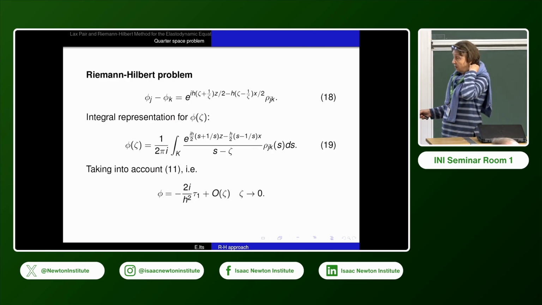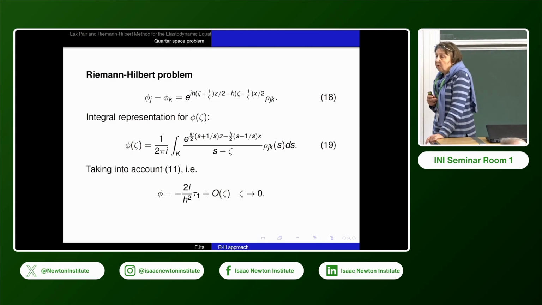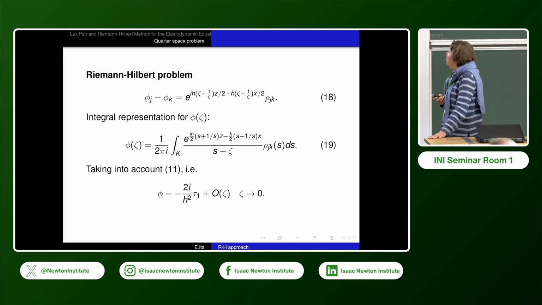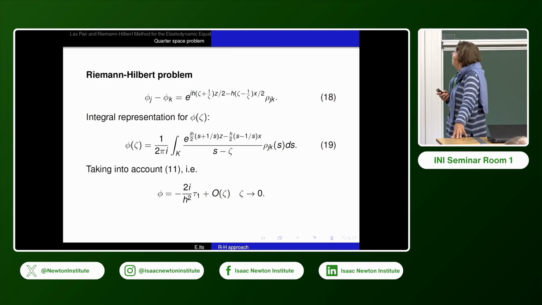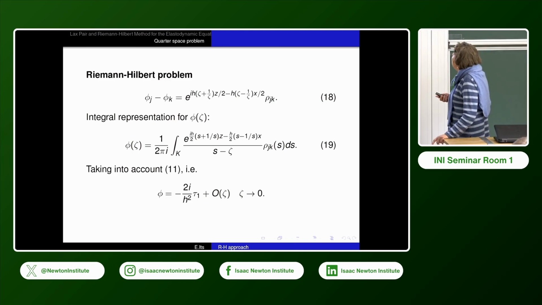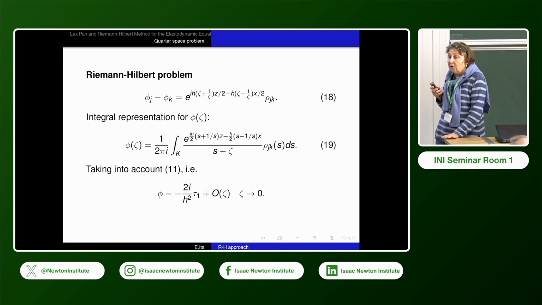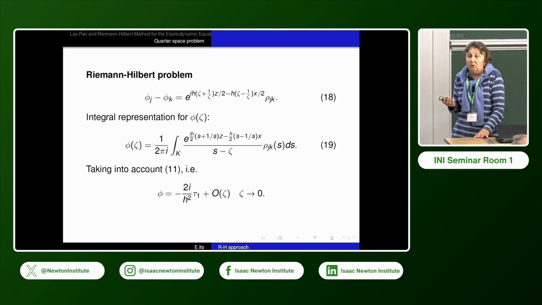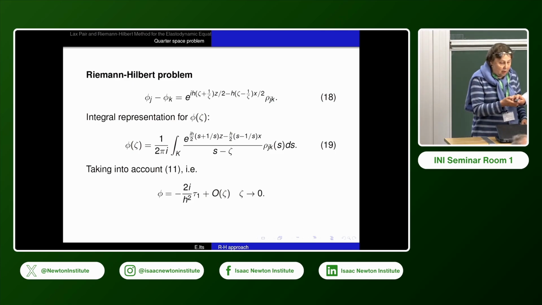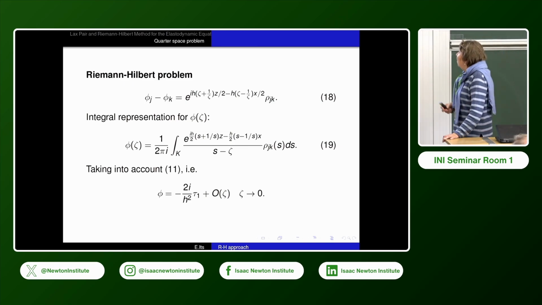It is absolutely clear that the difference of two particular solutions of the non-homogeneous equation is a solution of the homogeneous equation, where the jump function rho practically plays the role of a constant.